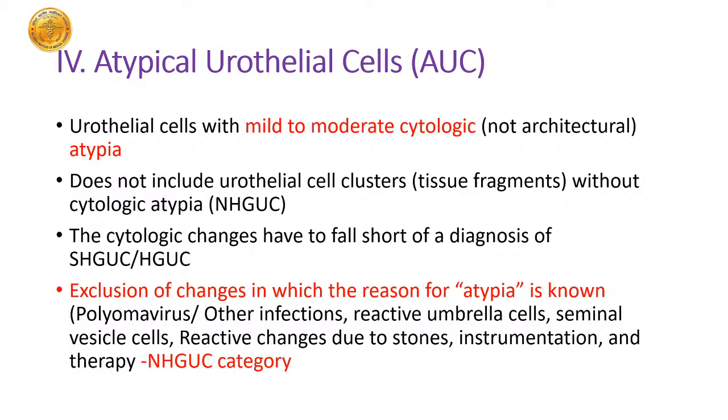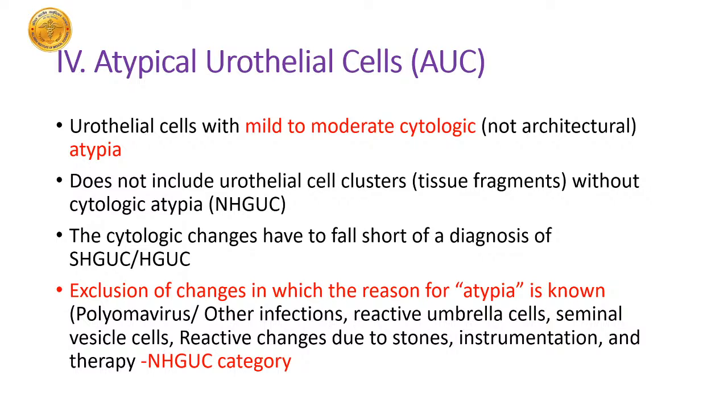So please remember, it has a strict definition, including urothelial cells with mild to moderate cytologic atypia. It does not include tissue fragments without cytologic atypia. And these changes have to fall short of the diagnosis of suspicious for high grade or high grade.